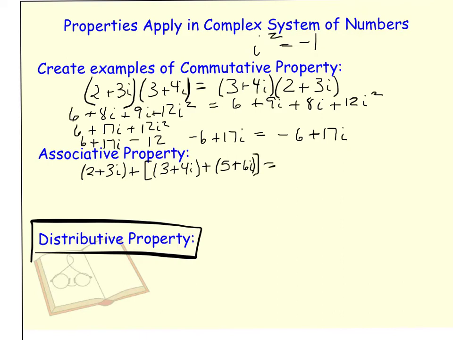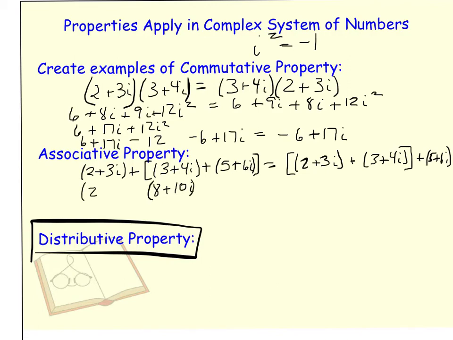That should be equal to the sum of 2 plus 3i plus 3 plus 4i added to 5 plus 6i. And we'll do the stuff in the brackets first. So 3 plus 5 gives me 8. 4i plus 6i is 10i. And that's going to be added to 2 plus 3i. So that gives me 10 plus 13i.